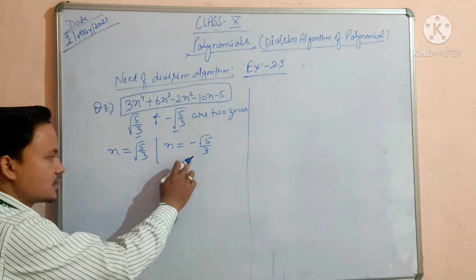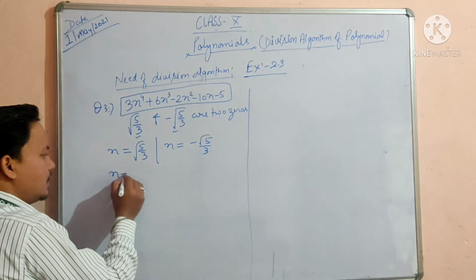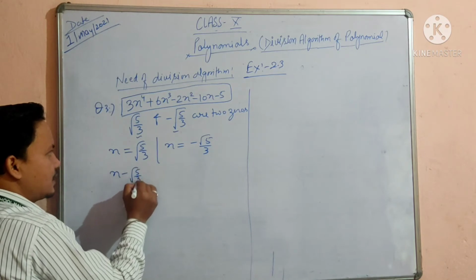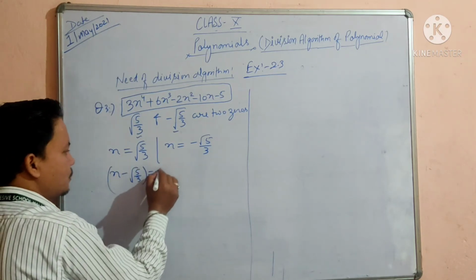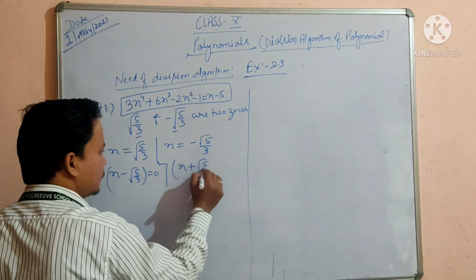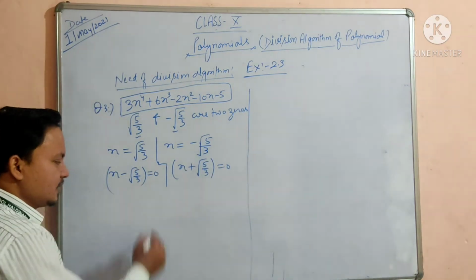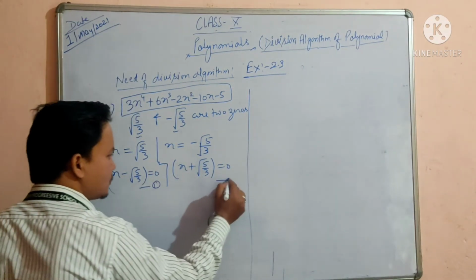Okay, these are the two zeros. Now shifting it towards the left hand side, we get x minus root of 5 upon 3 equal to 0, and from here we get x plus root 5 upon 3 equal to 0. Actually the root is in whole. Okay, now this is 1 and this is 2.